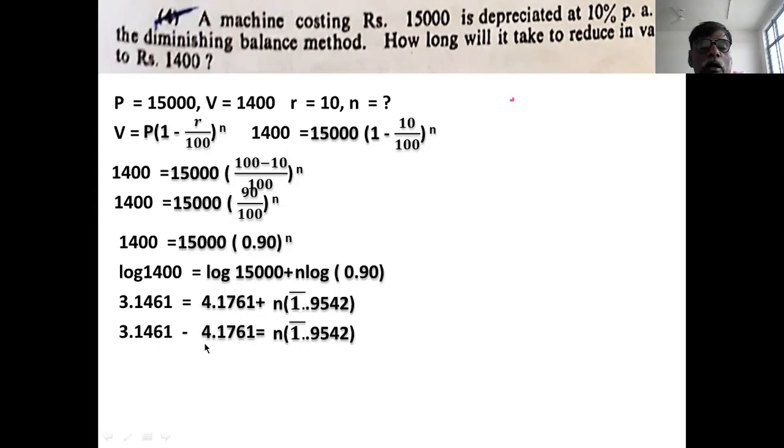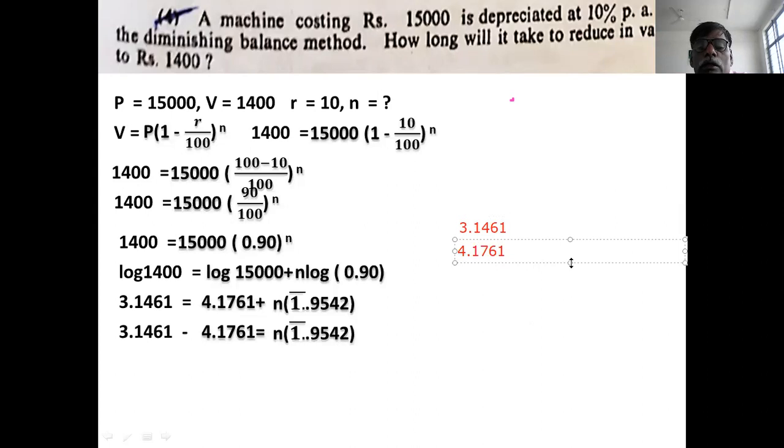If you deduct it, how to deduct it? You see here. 3.1461 is the first value and the second value is 4.1761.